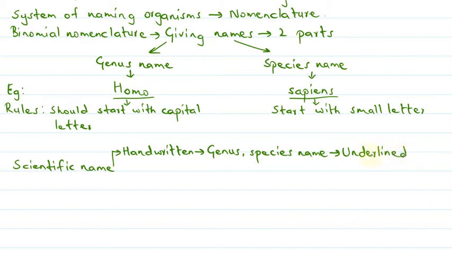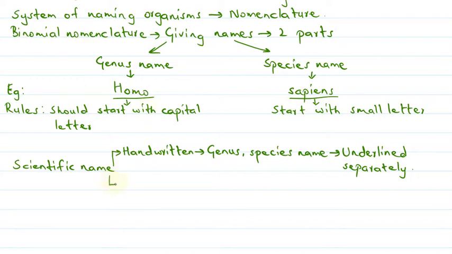They must be underlined separately. That's why I have written here Homo, which is the genus name, and I have underlined it separately. Then the species name I have written as sapiens, and I have underlined it separately. Okay, because it is handwritten, so I have followed this rule.